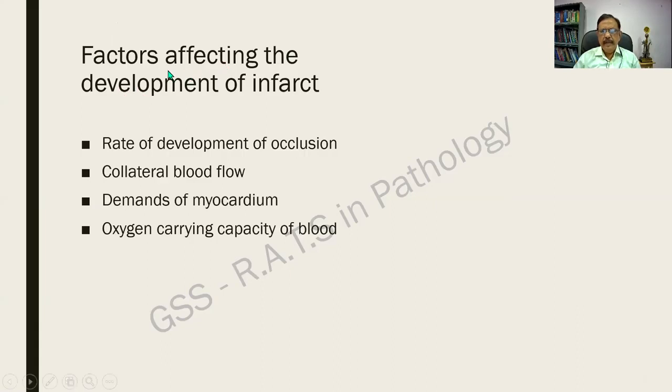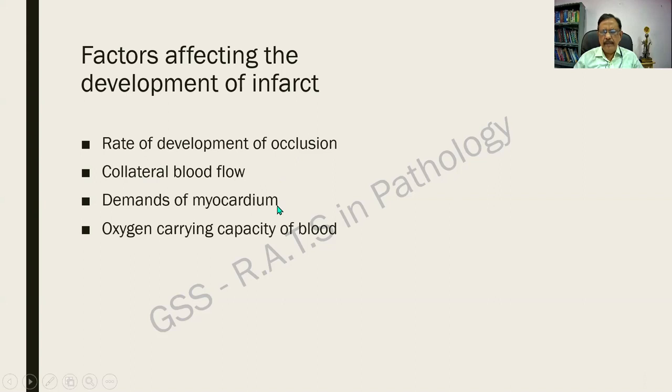Factors that affect the development of an infarct. Usually you find general pathology and systemic pathology are not separate. There is a topic called infarction in general pathology and circulatory disturbances, in which it has been mentioned. The development of an infarct will be based on the rate of development of an occlusion. It has to be fast. Depending upon the collateral blood flow, if there is no collateral, there is a definite infarct.